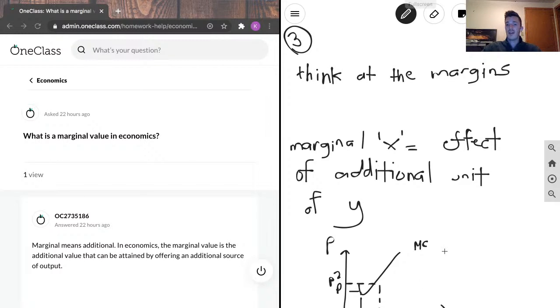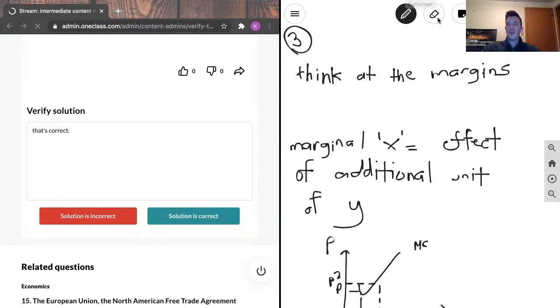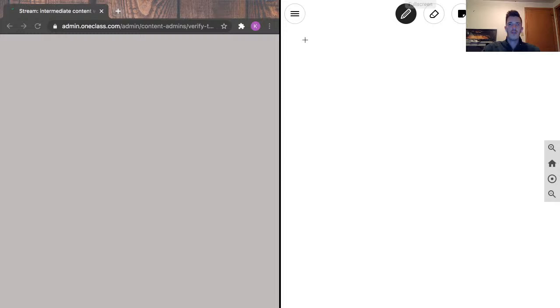We'll see that the effect of introducing one additional unit would change the price from P1 to P2. So I'm going to say that's correct. And we can move on to question 4 here.